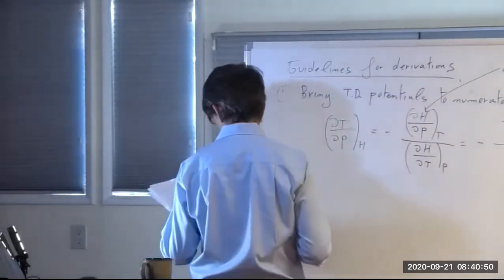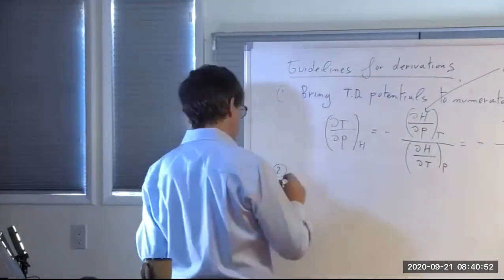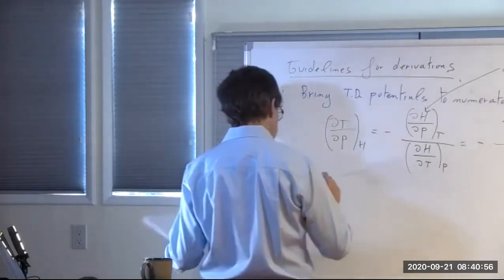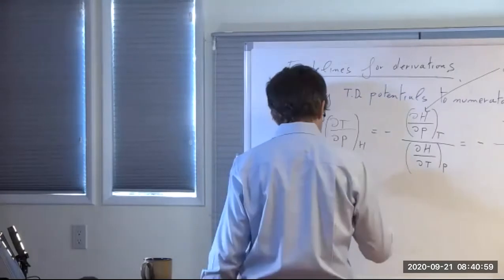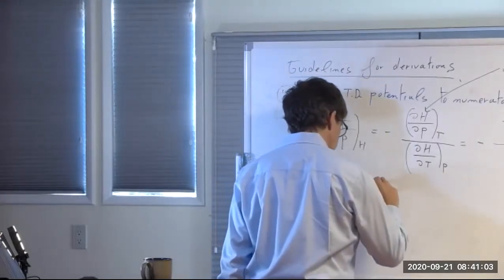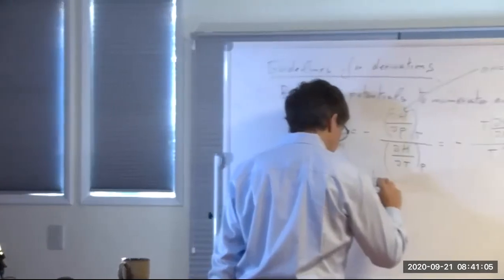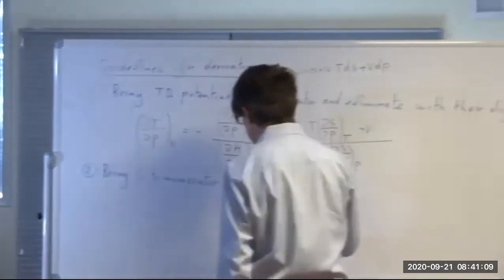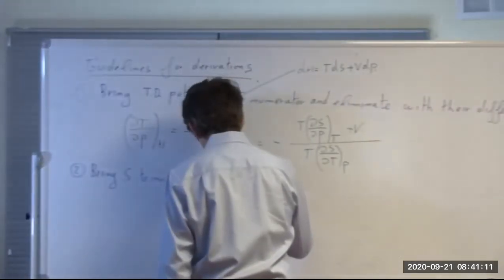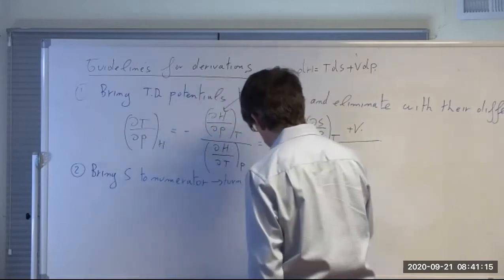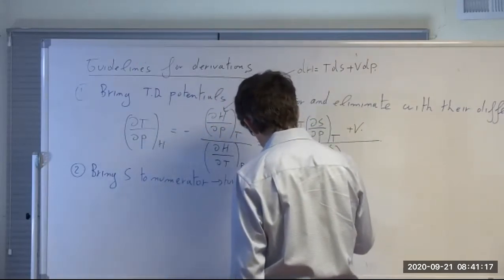So the second thing you do is really almost part of the first step: you always bring S to the numerator. And there are typically three operations that you do on that. You turn it into heat capacities if you can. So if you have a temperature derivative, you turn it into a heat capacity.